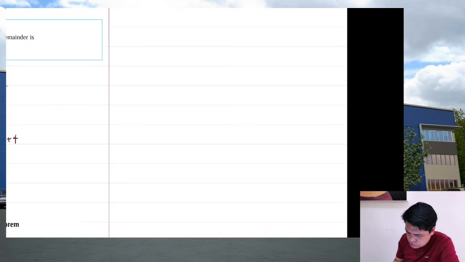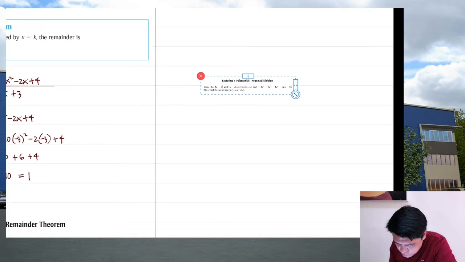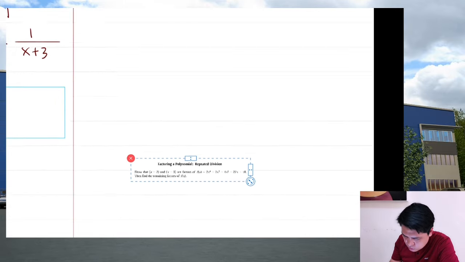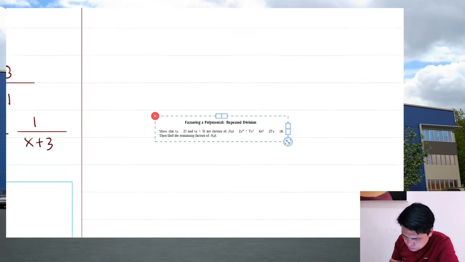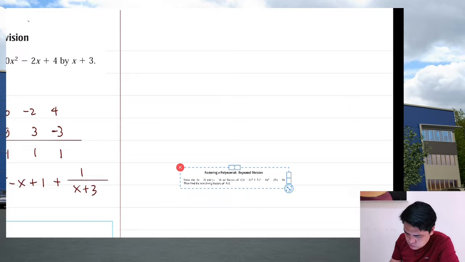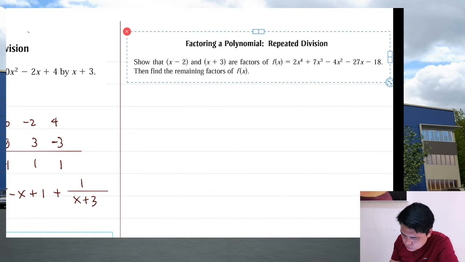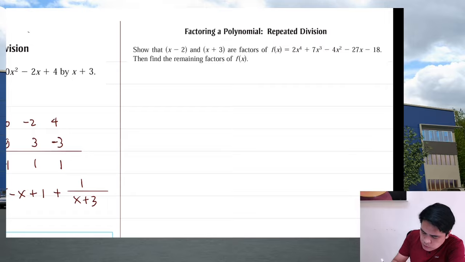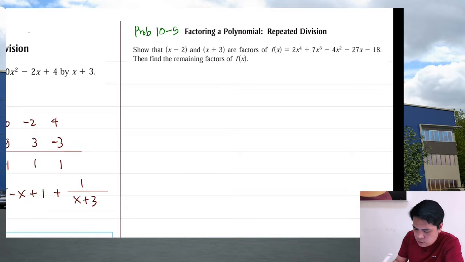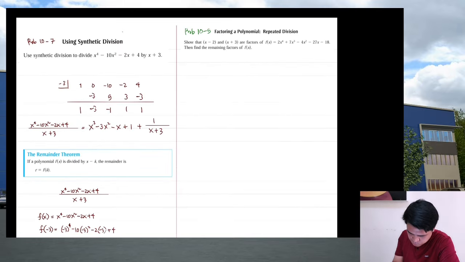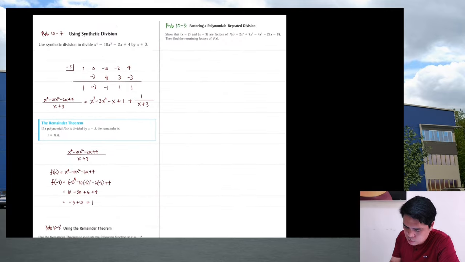Let us try this one. What is this? Factoring a polynomial, repeated division. Okay, so how do we do this? This is problem 10-9.